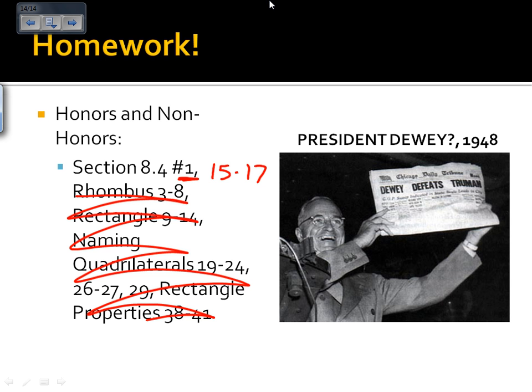This is back before they had a lot of electronic polling. So when they were counting the votes, it looked like Dewey was going to win. And you had to print your newspaper, right? So it would be out in the morning. So the Chicago Tribune was like, okay, Dewey's going to win. He didn't win. So you got this famous picture of him thinking that he's going to win, holding the front page. But the front page was wrong. So unfortunately, he wasn't so happy.